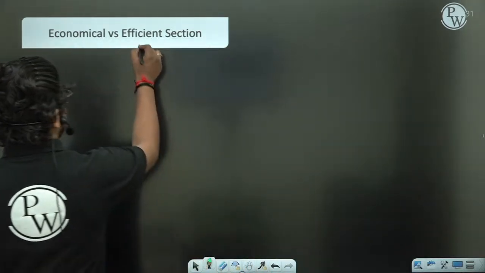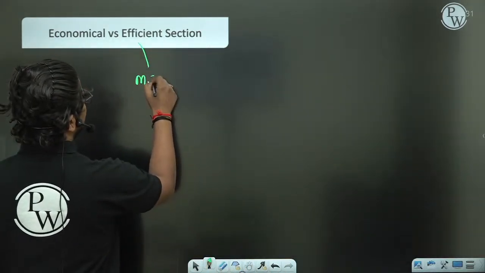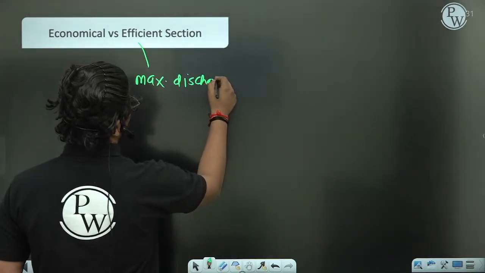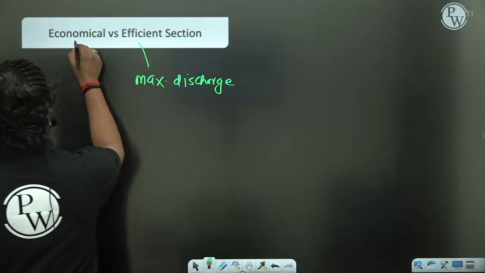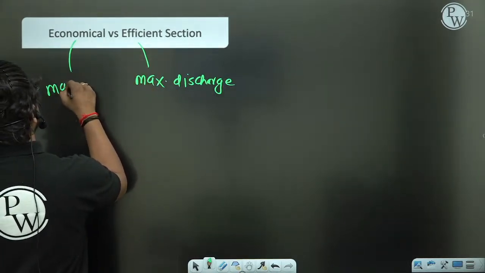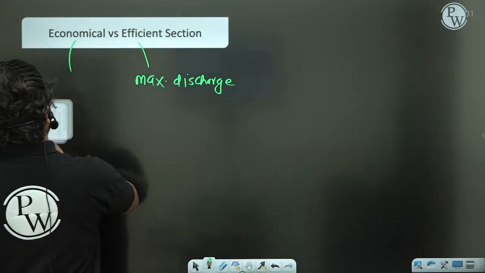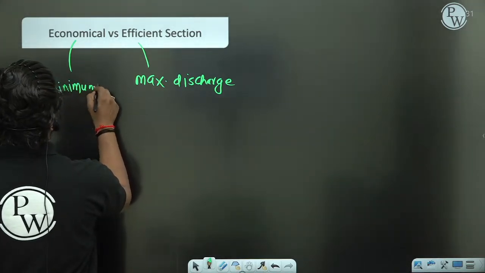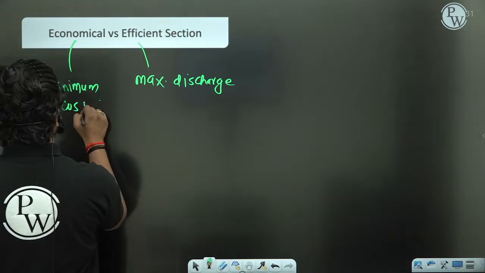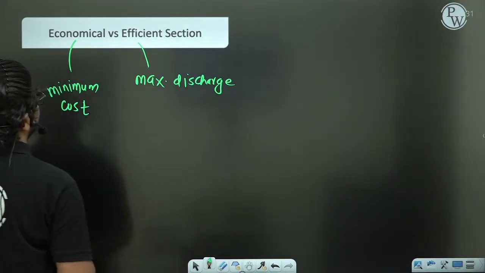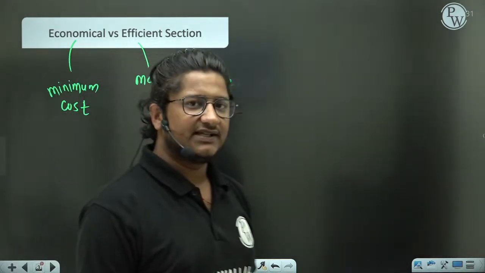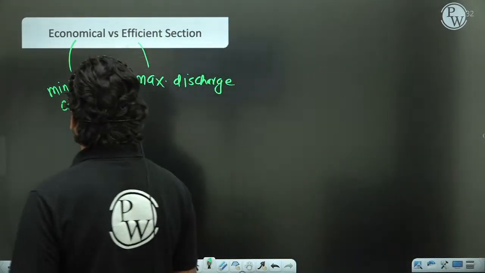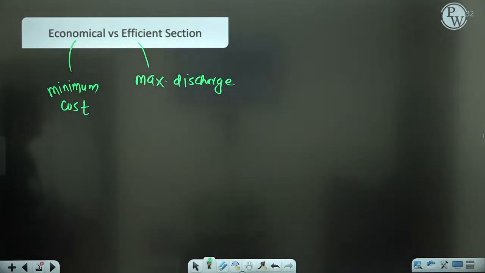So efficient means maximum discharge, and economical means minimum cost. So one is economical, another is the maximum discharge. This you need to understand. Is that clear?